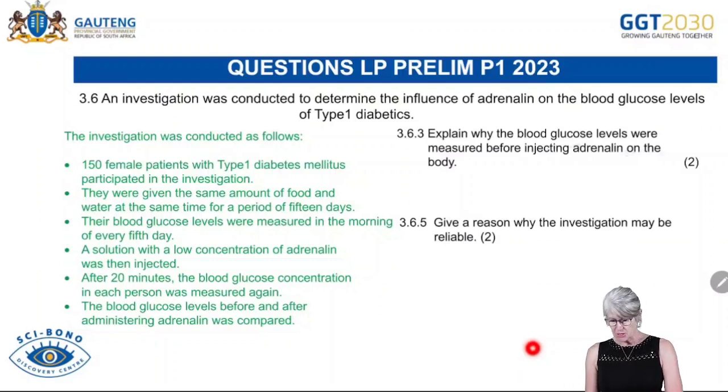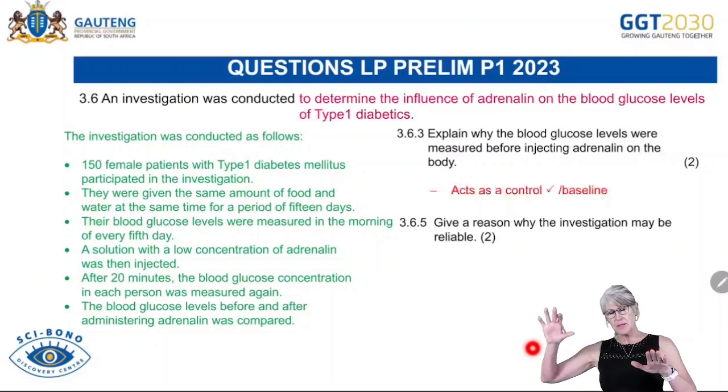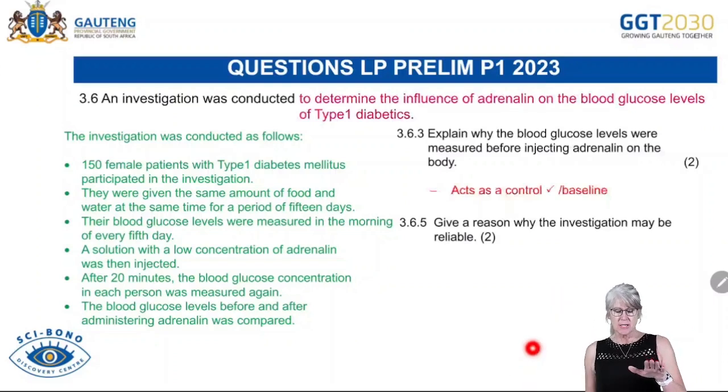So they need to measure before, so that they can see what it was, and then see whether there was a change. This measurement becomes the control or the baseline, the comparison, so we can see, did it increase or decrease, but there was actually a change that happened.